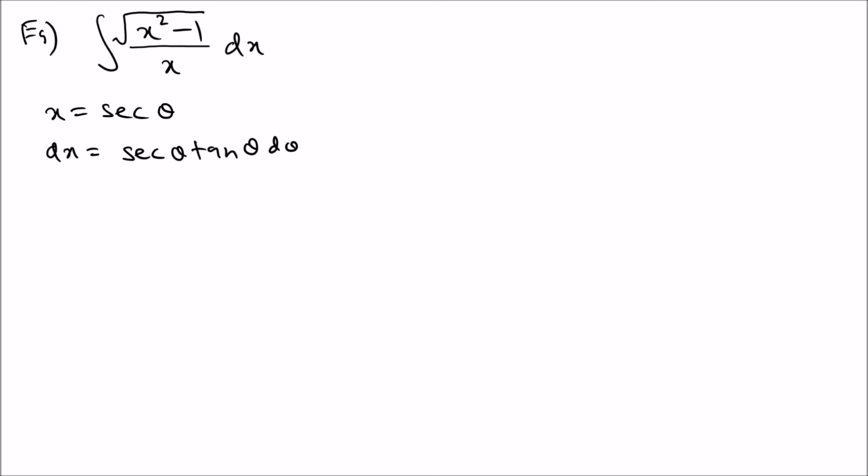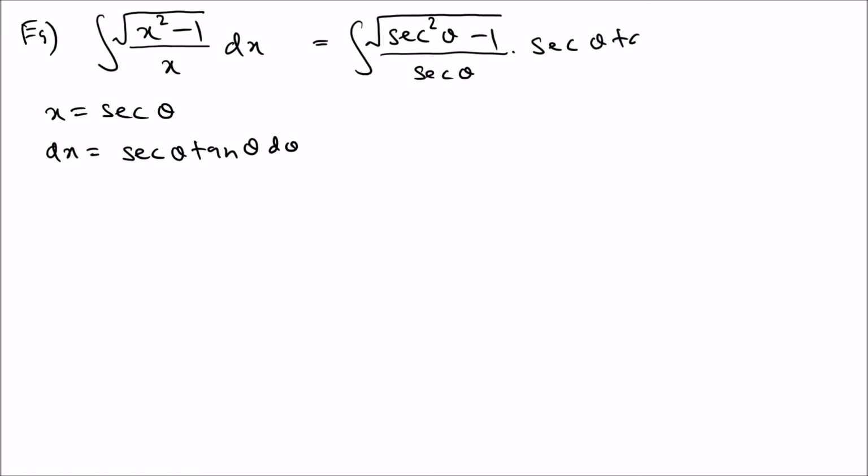So let's plug in. Once you plug this in, you get the square root of secant squared theta minus 1, and then x means secant theta, and dx is secant theta tan theta d theta, and you can see secant gets cancelled.